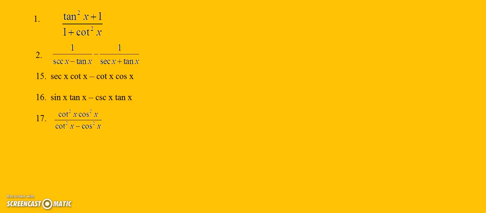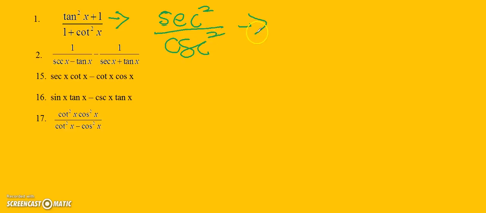One thing we can do is apply our knowledge of Pythagorean identities. We know that tangent squared of x plus 1 is just secant squared. I'm not going to write the variable, we can just attach that on later. And we know that 1 plus cotangent squared of x is just cosecant squared.